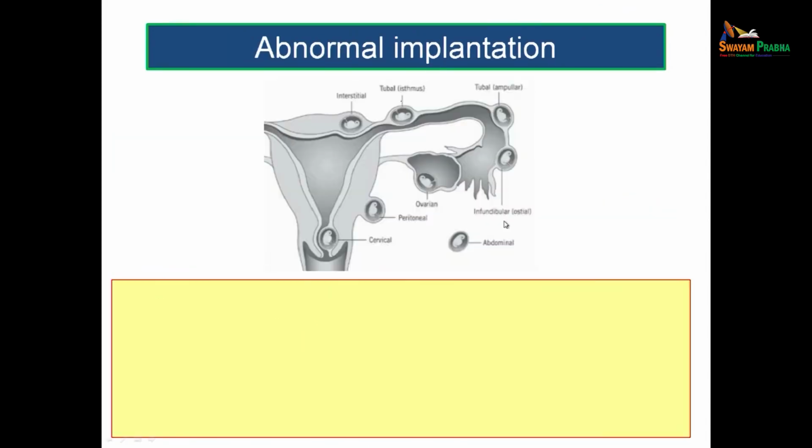So, when will you call it as abnormal implantation? If the implantation is happening anywhere other than the upper segment, you call it as abnormal implantation. So, it can be within the uterine cavity as well as outside the uterine cavity. Outside the uterine cavity you call it as extrauterine pregnancy. So, it can be in the ovary, you call it as primary ovarian pregnancy.